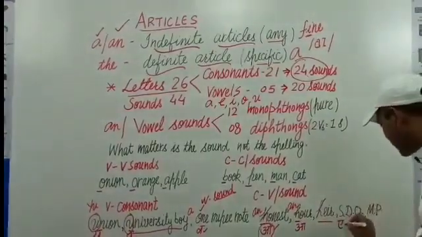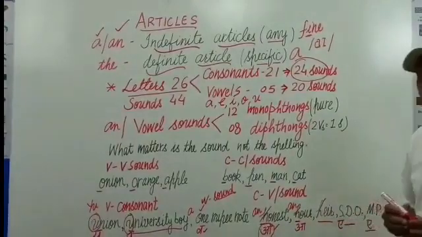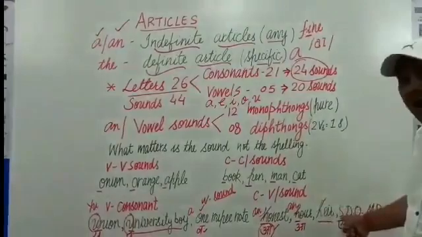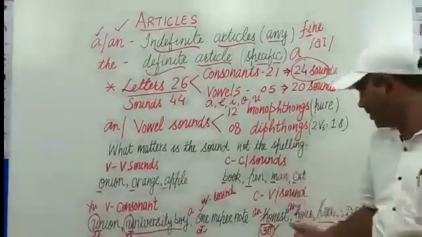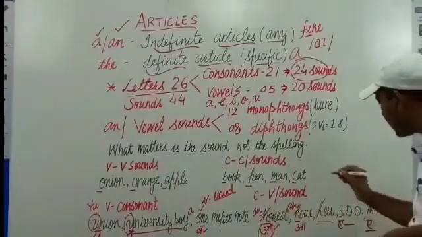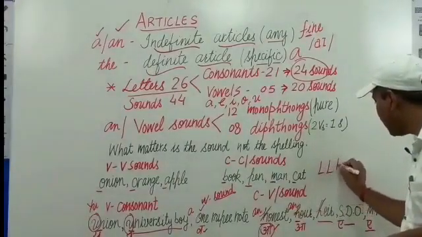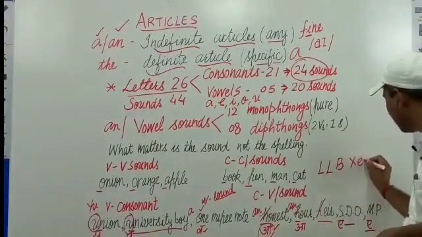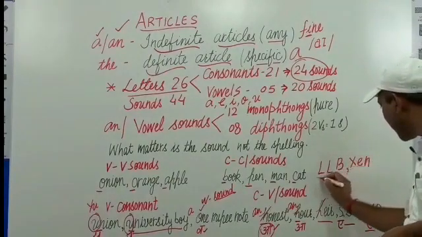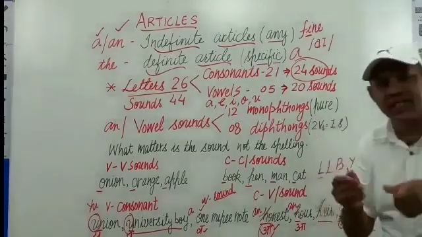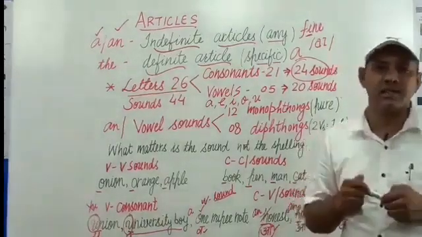And next, some abbreviations. Of course, these abbreviations start with a consonant: S, M, and there are so many others also, L, L, B, action, L, X, S, M. All of these letters are consonants.